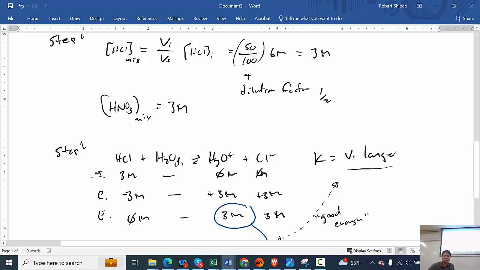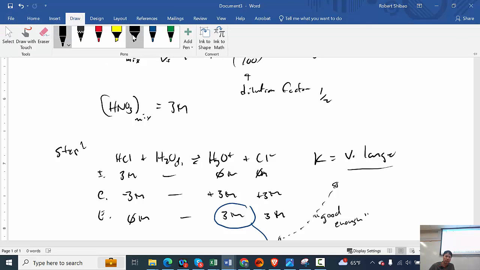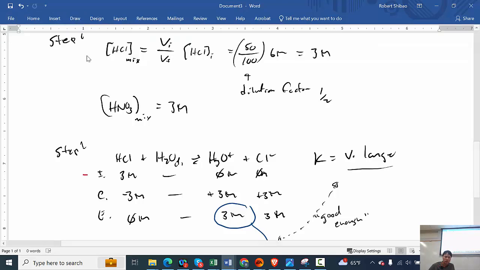And so this is the initial for the mixture, not the initial for the HCl here. Let me write a little note for the reaction mixture.